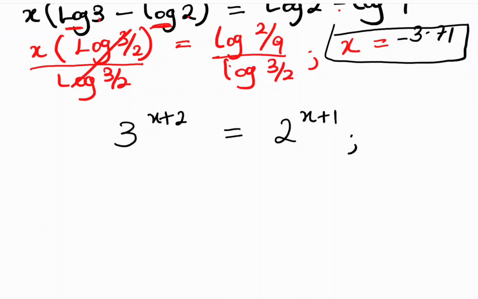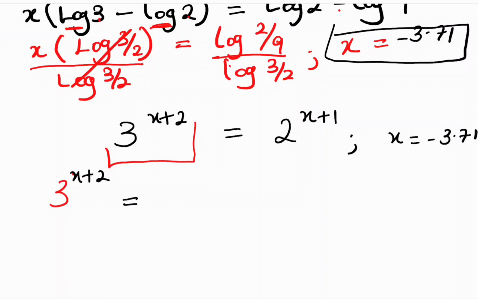And we got the x value to be approximately minus 3.71. So we look at the terms in the left hand side. The term says 3 to the power of x plus 2. We are now putting in the value of x, which is minus 3.71.